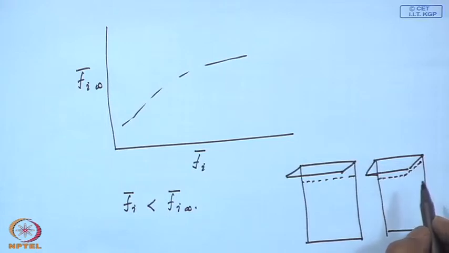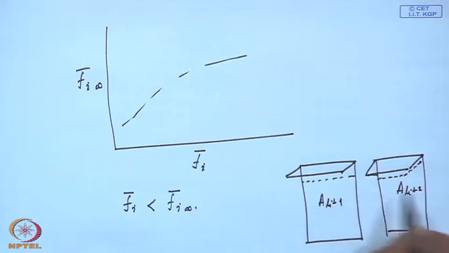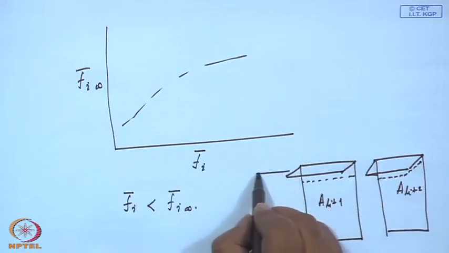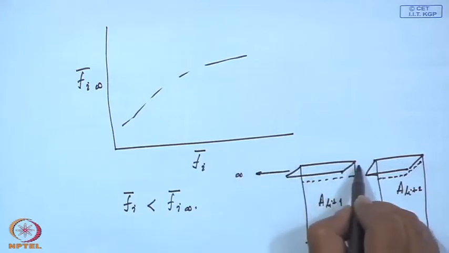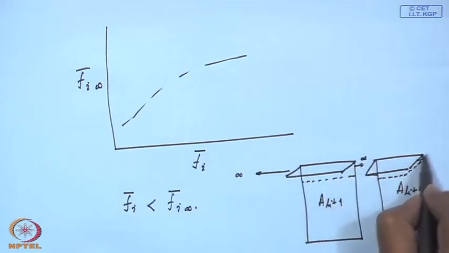But nevertheless, this area A_lit 1 and 2, this I will say infinity, and this is finite.